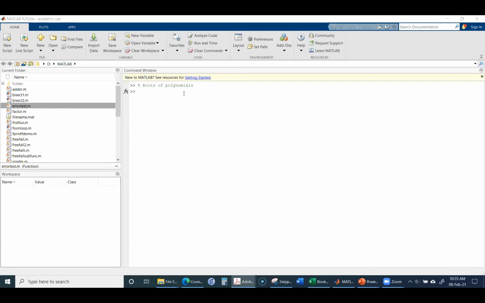But there is a better function in MATLAB other than fzero, called the roots function. That roots function can be used for this polynomial.